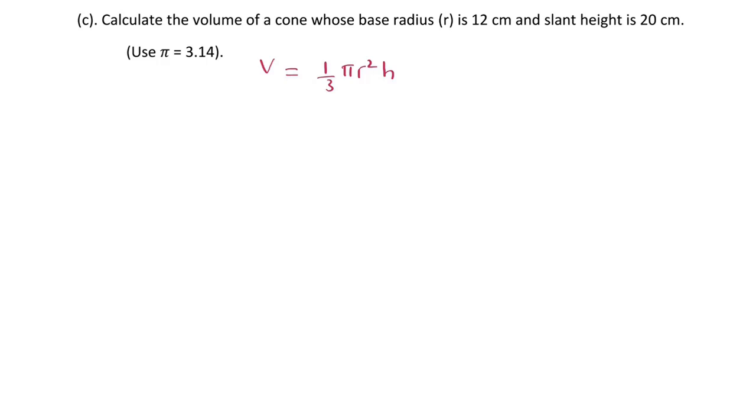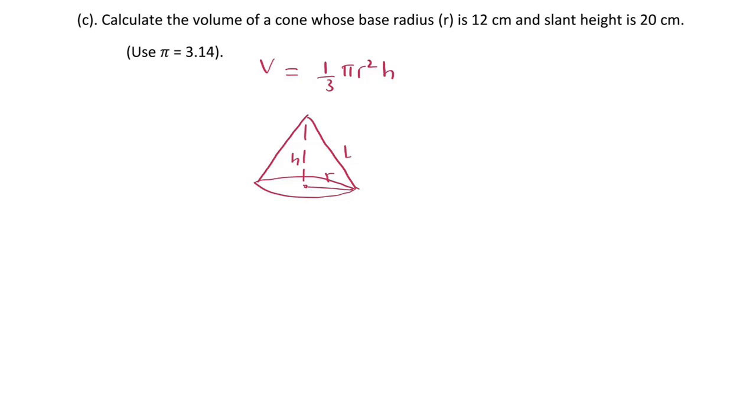Okay, so let us consider the sketch for a cone. The value here is r for our radius, here is h for the height, and here is l for the slant height.